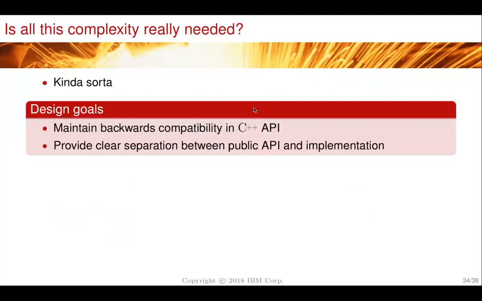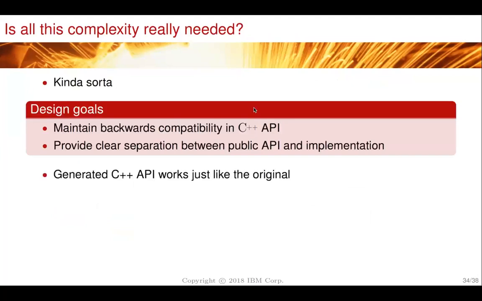The first one being maintain backwards compatibility for the C++ API. Hopefully it's clear from my examples, although I didn't show every possible use case, that as far as the user is concerned, things will continue to work the way they did before. So this goal we've achieved.